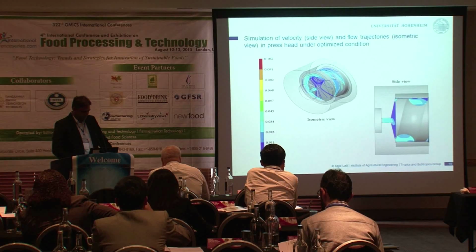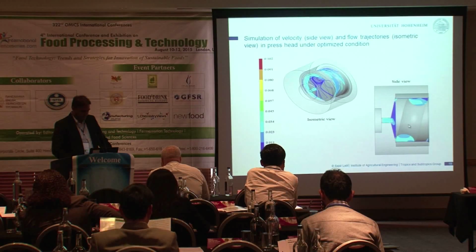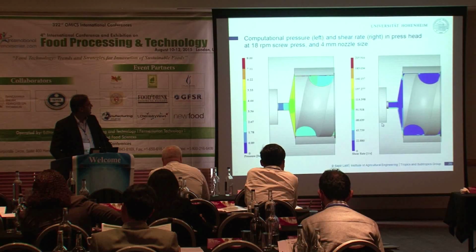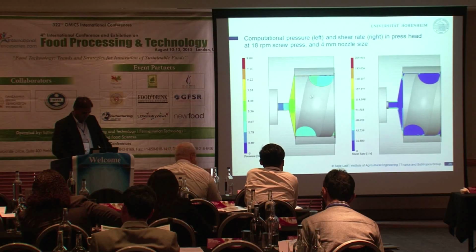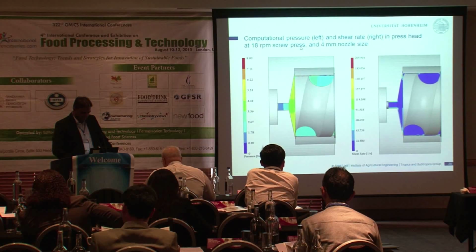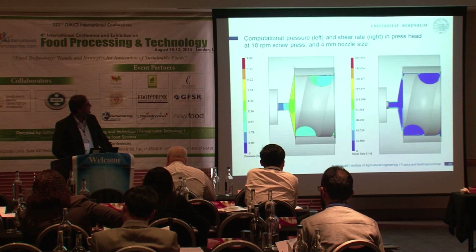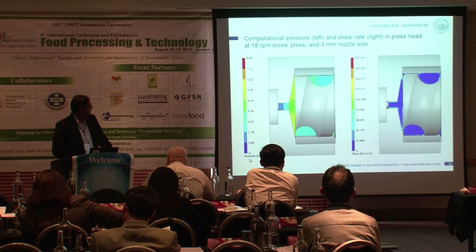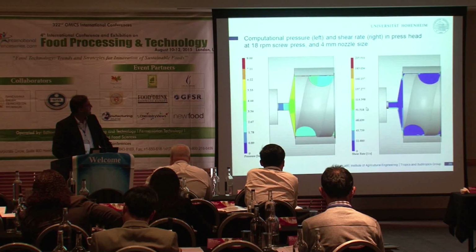This shows the trajectory and the velocity. And the computational pressure we also estimated and calculated using the software. So the left side is the pressure, in bar, and the shear rate also under the optimum conditions.